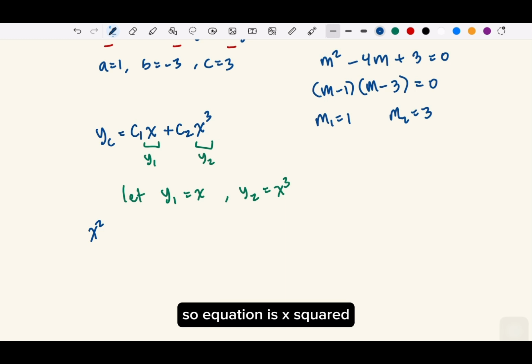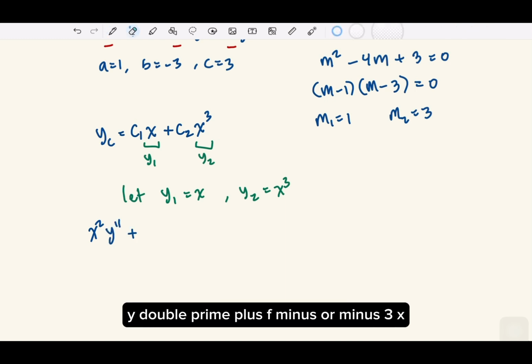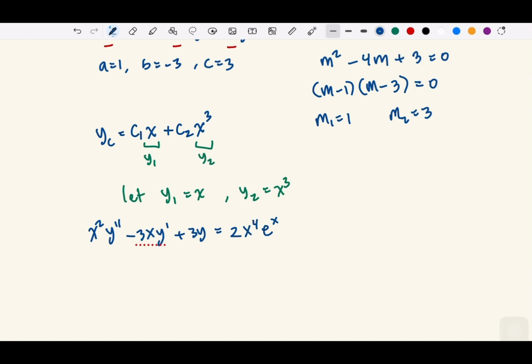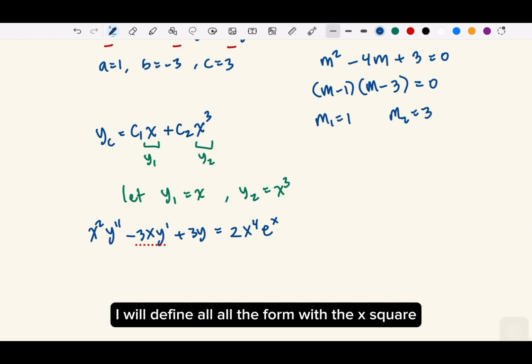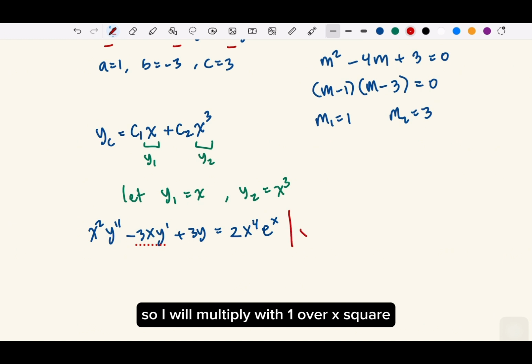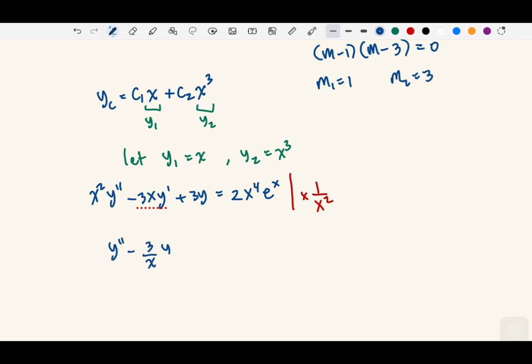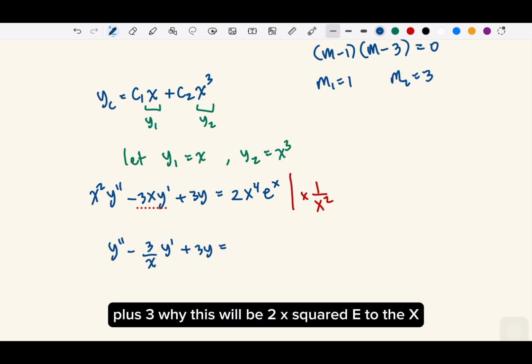The equation is x squared y double prime minus 3x y prime plus 3y. I will divide all the terms by x squared, so I multiply with 1 over x squared. So this will be y double prime, minus 3 over x y prime, plus 3 over x squared y, equals 2x squared e to the x.